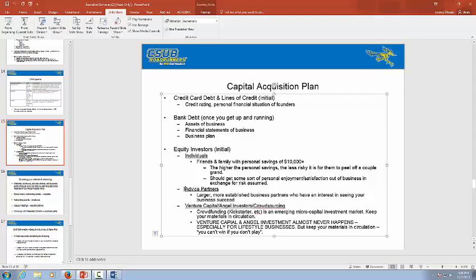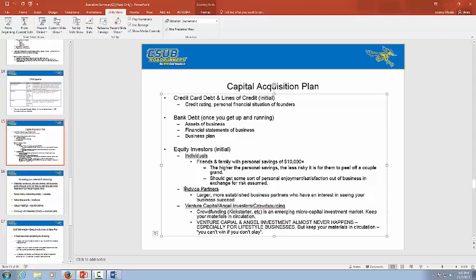So that's another option for getting capital, running a crowdfunding campaign through either one of the fundraising based or the equity based websites for crowdfunding.